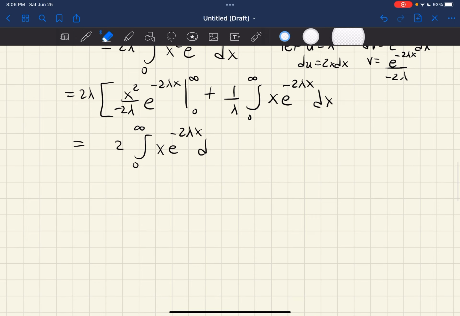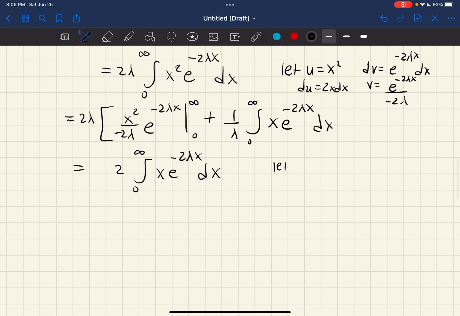So let's just do integration by parts one more time. So we'll let w equal x, and dw must be dx, and then we'll let dp equal e to the minus 2 lambda x dx. So then p equals minus 1 over 2 lambda e to the minus 2 lambda x.